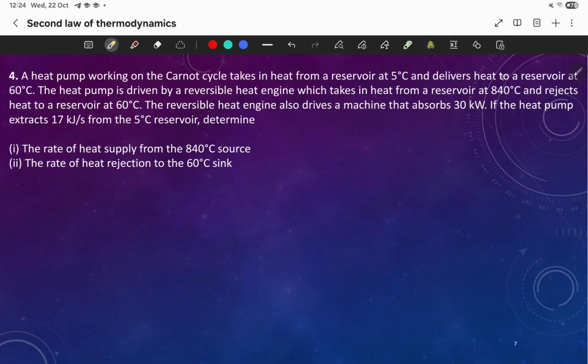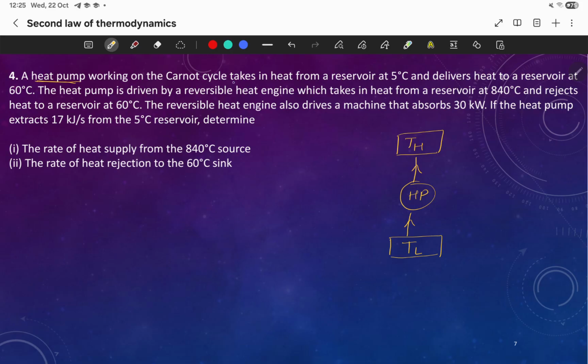So we have a heat pump working on Carnot cycle taking heat from a reservoir. This is TL, this is the heat pump, and this is TH, the higher temperature.